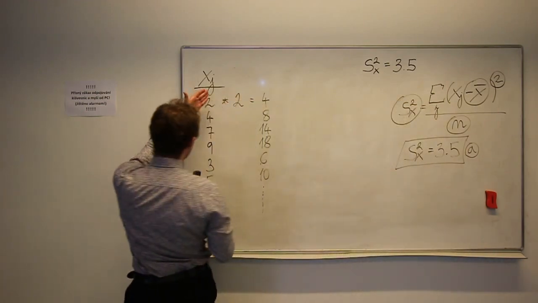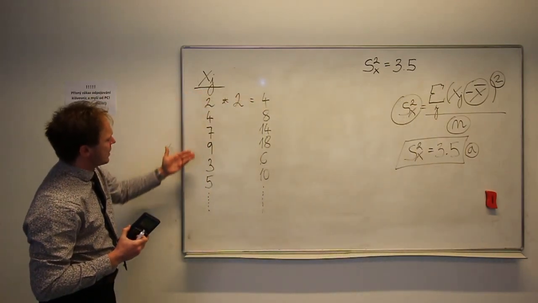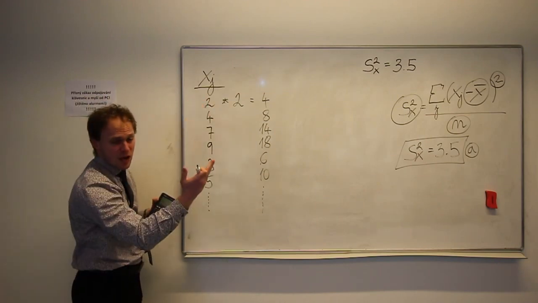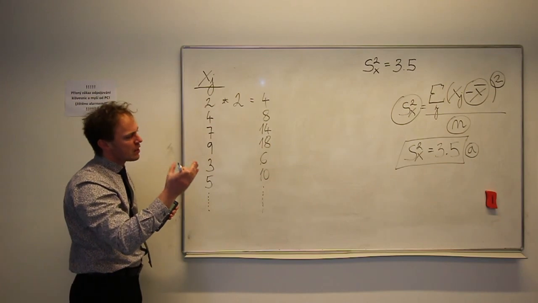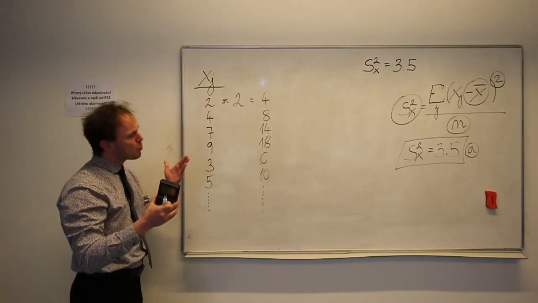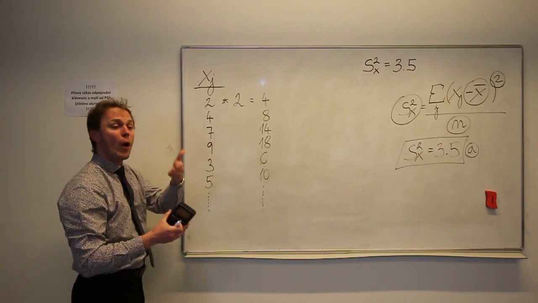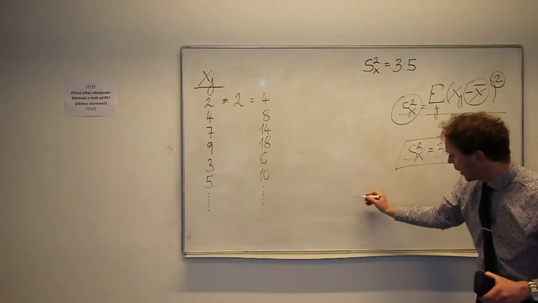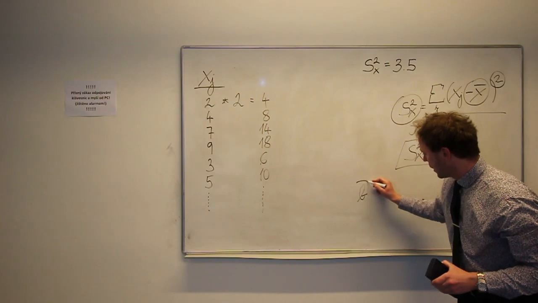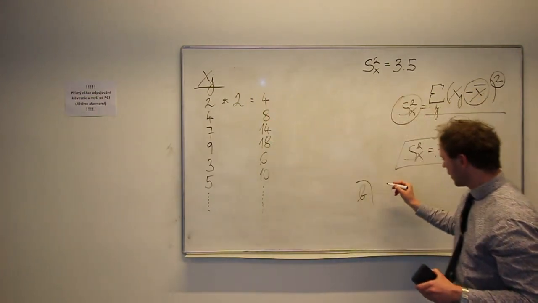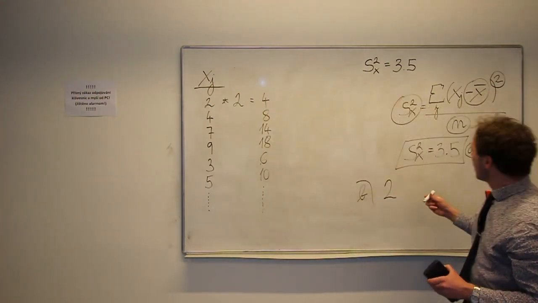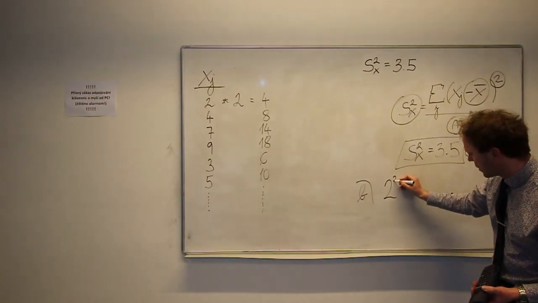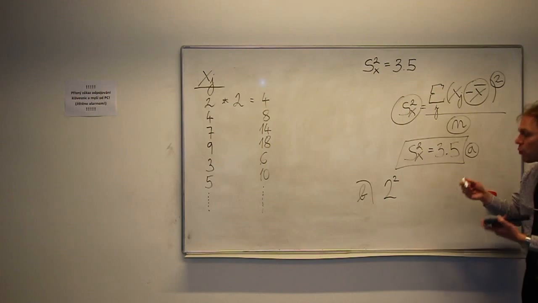We must remember a very important definition. If all units in the statistical sample are multiplied by a constant, the variance is multiplied by the square of this constant. So in our situation B, everything is doubled, times 2, so the variance will be multiplied by the square of this constant, because the variance is in squared units.